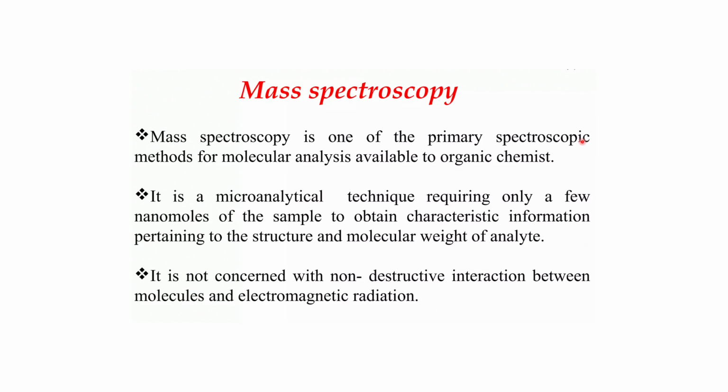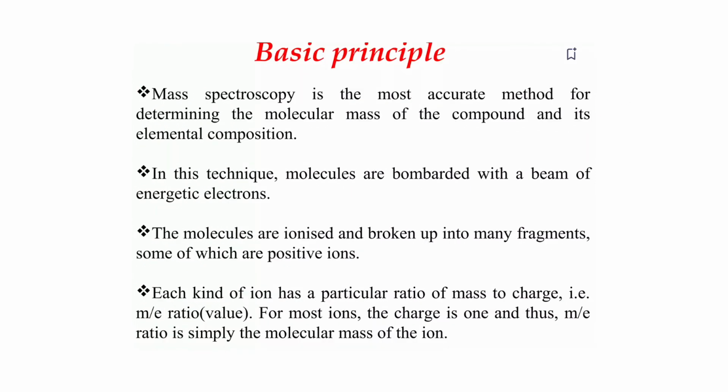It is not concerned with non-destructive interactions between molecules and electromagnetic radiation. Mass spectroscopy is the most accurate method for determining the molecular mass of a compound and its elemental composition.